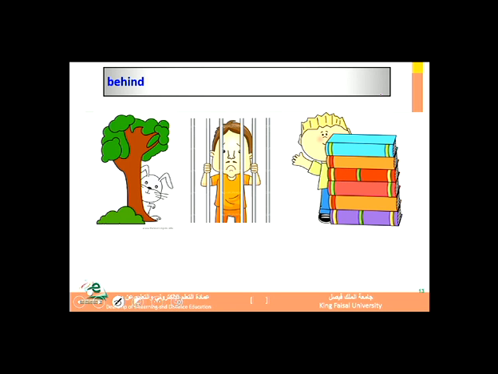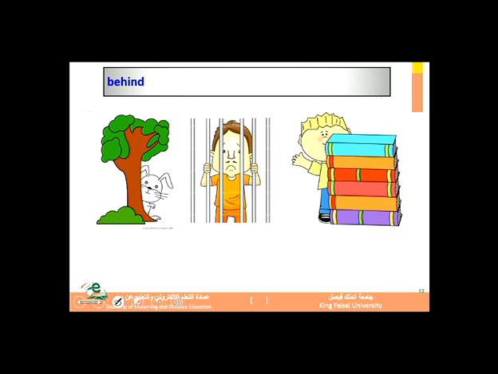Now, the preposition behind is used when there is something in front of something else. And we can say, for example, as this nice image would tell us, the boy is behind the books. The prisoner is behind the bars. The rabbit is behind the tree.